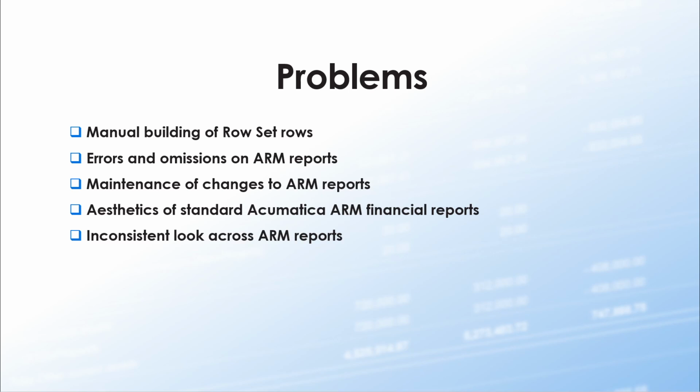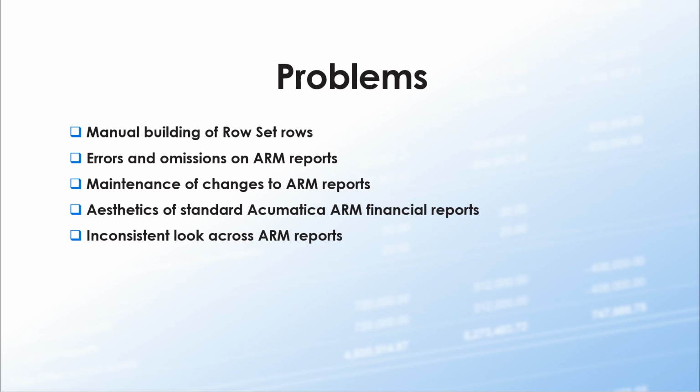Another problem is because they're so manually built, any omissions or errors are very hard to find and to control. And each row needs to be set up separately, so inconsistencies are quite common.